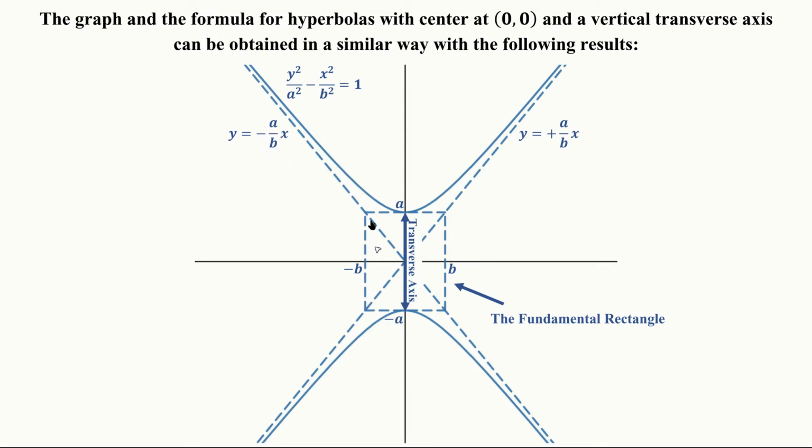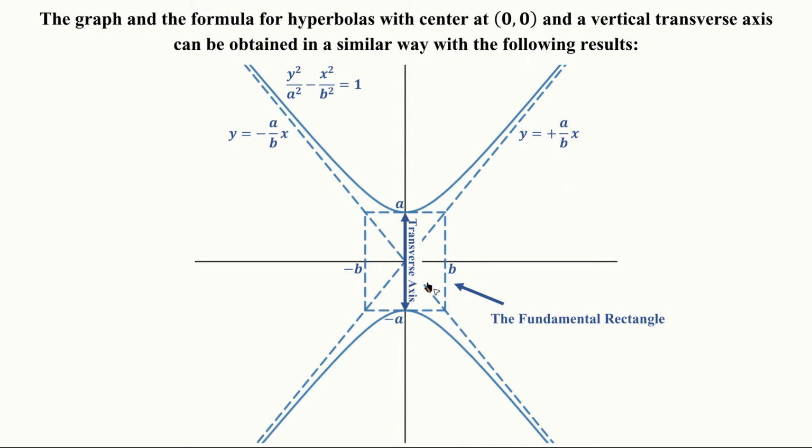But again, we can create the fundamental rectangle quickly and draw the asymptotes without even really having to find their equations, right? So as far as the graphing is concerned, you only find the equations if you have a reason or need to do so.